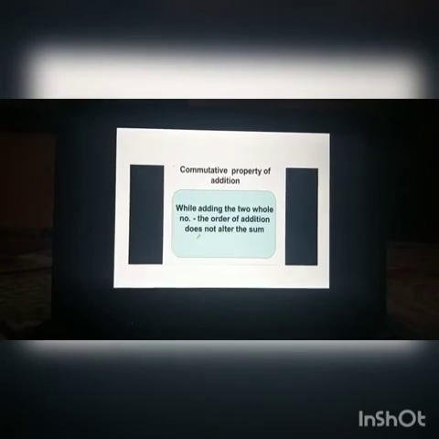Second property which we have read today is commutative property. According to this property, while adding the 2 whole numbers, the order of addition does not alter the sum. You can add the numbers in any order. Either add 2 plus 3 or add 3 plus 2. The answer is same.